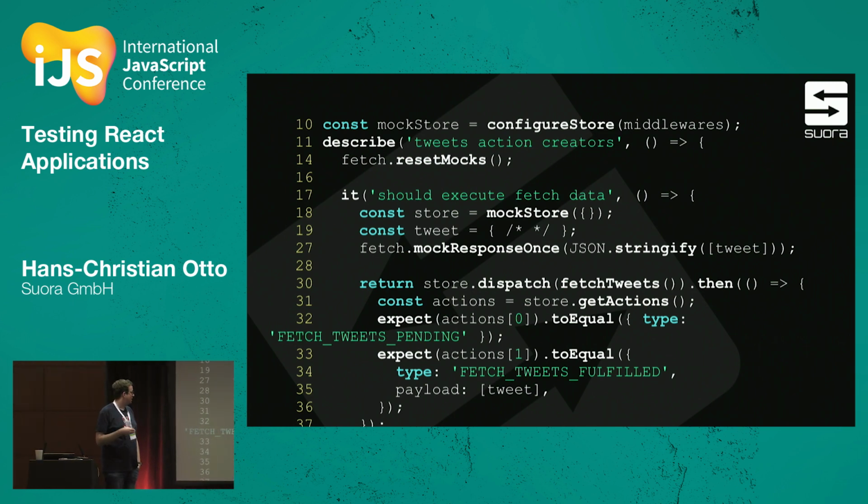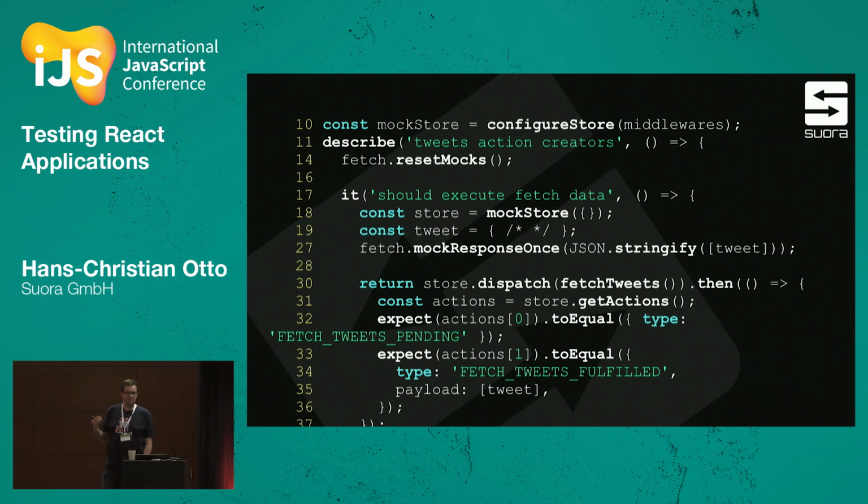So here in line 32, I make sure that the first action is an action of the type fetch tweets pending. I mentioned it before. This is the middleware that I'm using. And then we have a second action, line 33, which is the fetch tweets fulfilled action. And that one should contain a payload with one tweet that we defined in line 27.